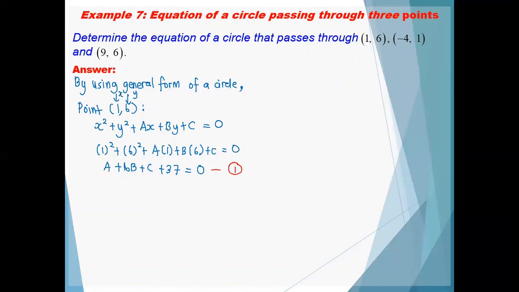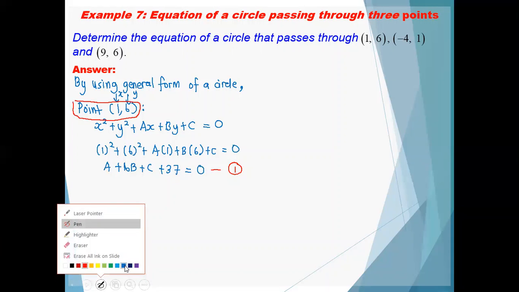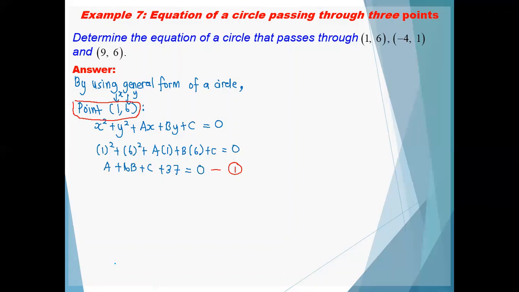Okay, now we move to the next point, (-4, 1). Okay, same, we use the general form of a circle.